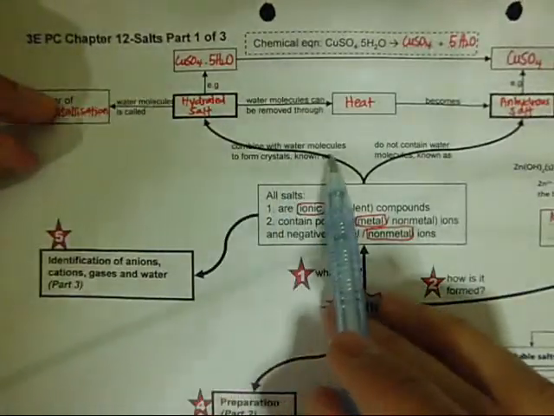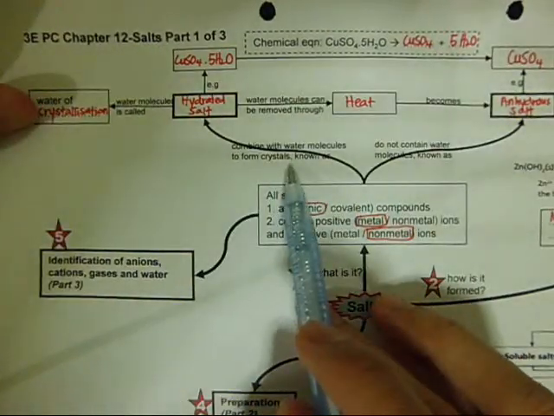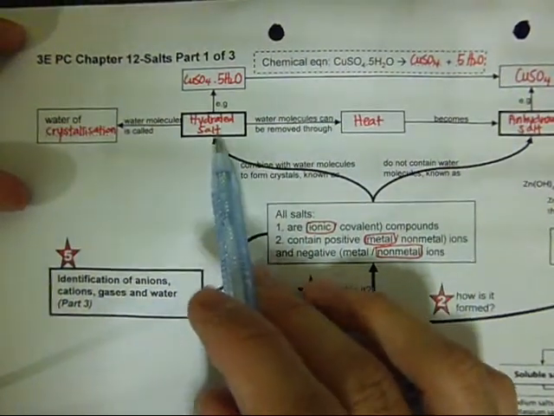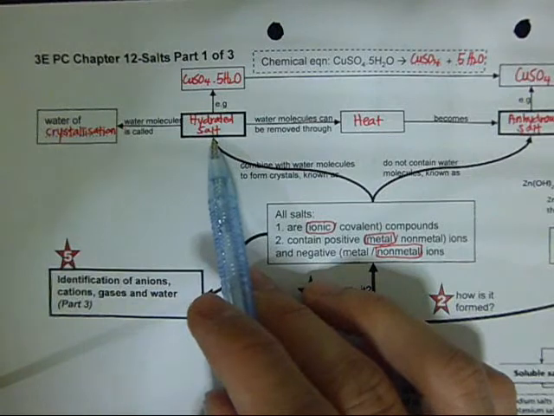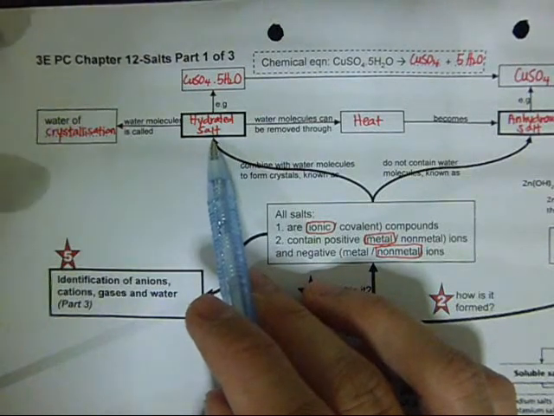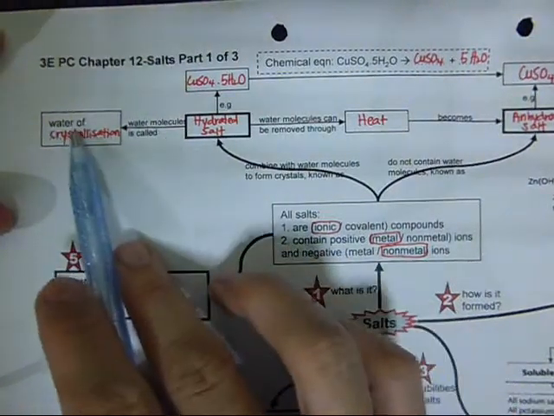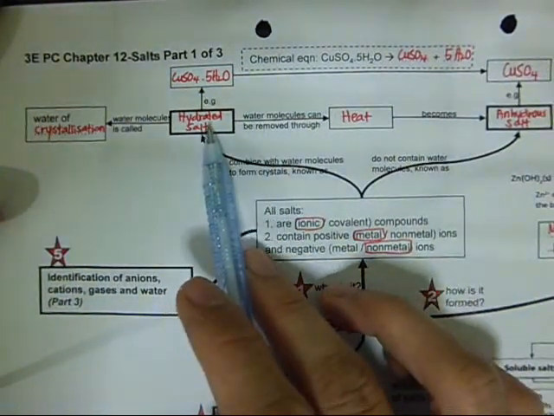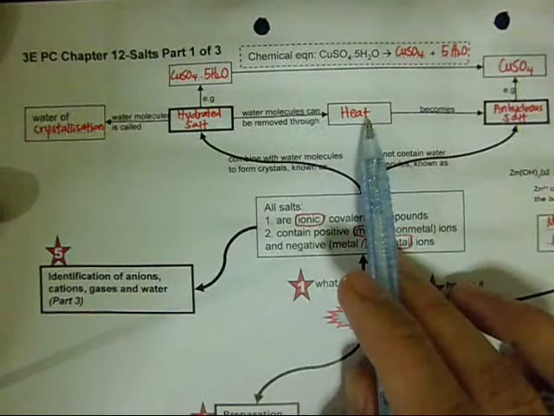Now for salt, you need to know that when salt combines with water molecules to form crystals, the salt is known as hydrated salt. Hydrated salt means it is a wet salt. There are water molecules inside, and the water is called water of crystallization. The water in the hydrated salt can be removed through heating.